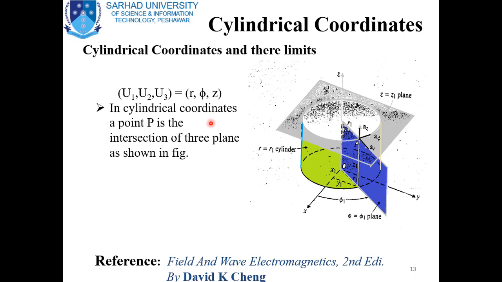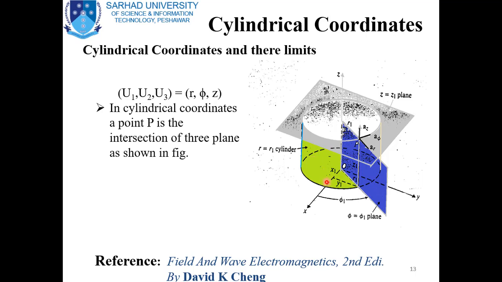And in cylindrical coordinates, let point P in the figure be the intersection of three planes. We have three planes: the green plane, the blue plane, and the gray plane. Their common point is point P, which is the intersection of these three planes. This gray plane is parallel to the xy plane, or the value of z is fixed on this gray plane, and the value of phi is fixed for this blue plane, and the value of r is fixed for this green plane.